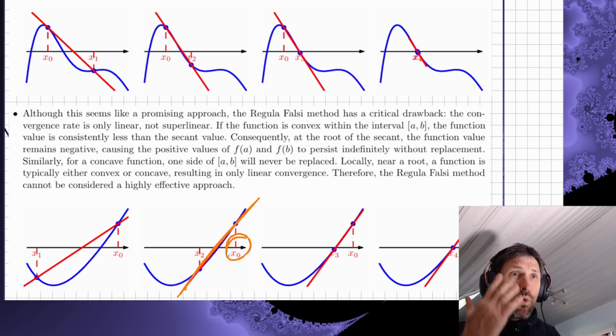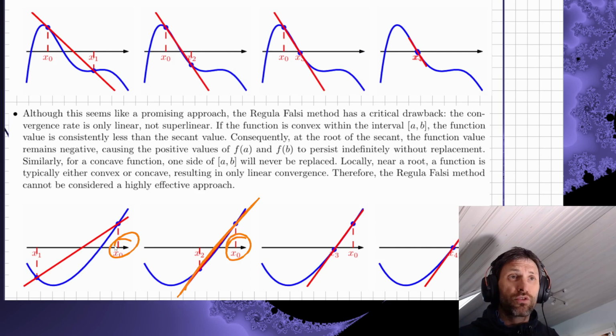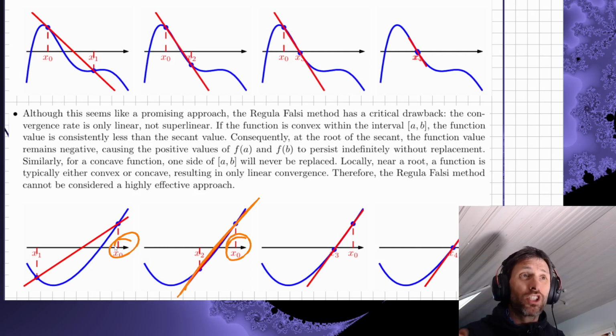And it's more or less obvious that it's not a good idea to have a starting point which is not close to the root used over and over again. It should also go to the root, otherwise it's obvious that convergence may not be as fast as it can be.